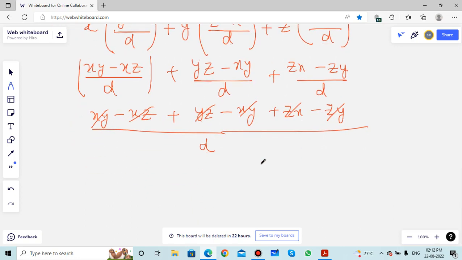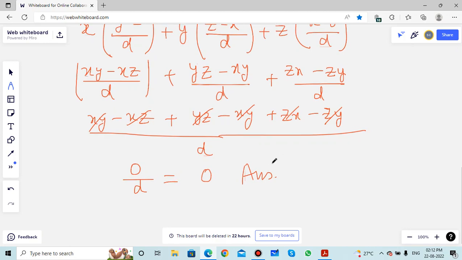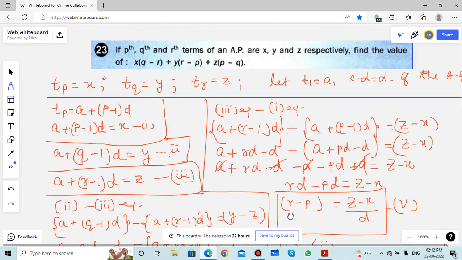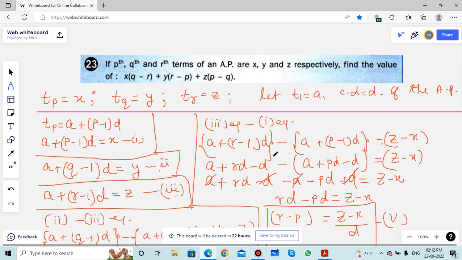So what do we get? We get 0 upon d, which is equal to 0. So the answer is 0, right? Sometimes this question may come as prove it is equal to 0. So you can prove it. Here the question is to find the value of this. So we have found the value of this one. So you understood how to do it?